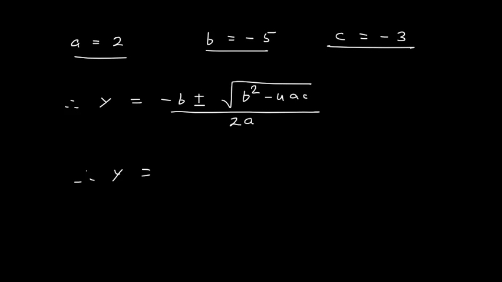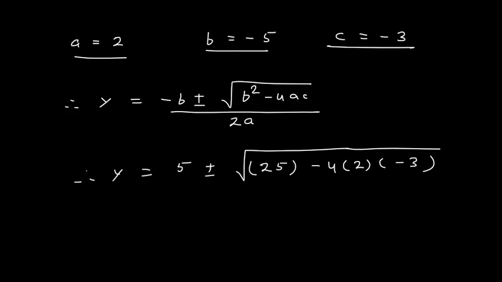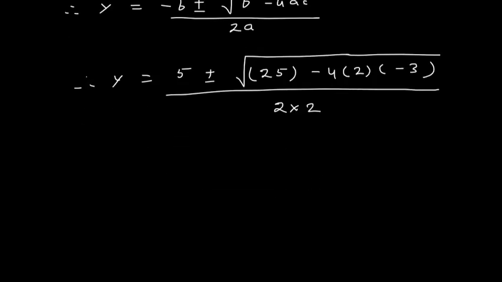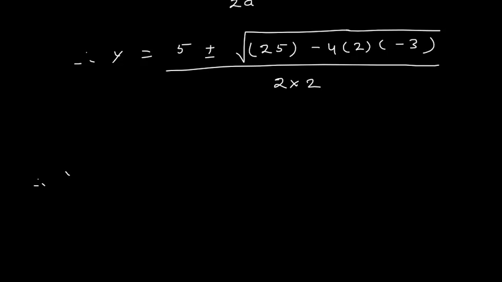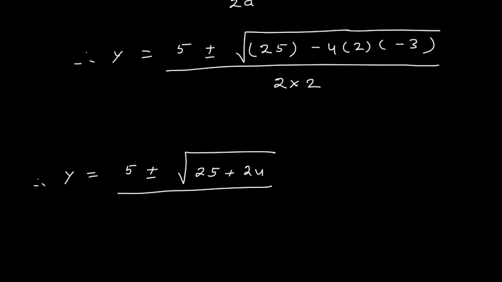So this gives us the value of y as 5 plus minus root of this, square of minus 5 is 25, minus 4 into a is 2 into c is minus 3, and whole divided by 2a. So what is the value of a, it is 2. So therefore this will give me y is equal to 5 plus minus root of 25 minus, it is plus, so 4 2 the 8, and 8 3 the 24, and this whole divided by 2 2 the 4.